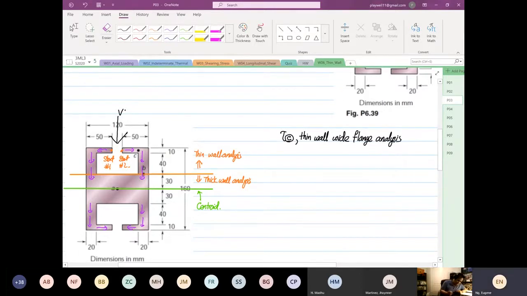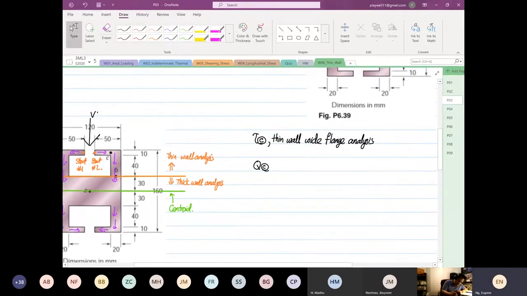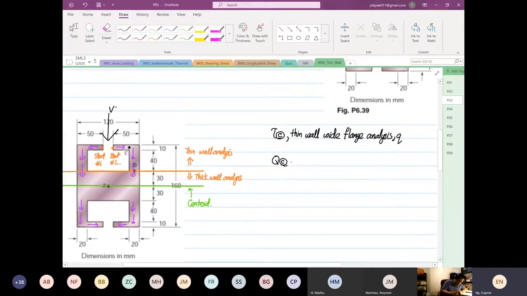Okay, so the Q at point C. Remember what I told you, there's only one Q. So the Q at point C is width, depth, Y bar.